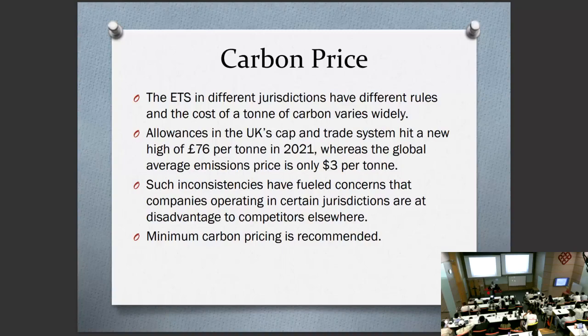Allowance in the UK's cap and trade system hit a new height of £76 per ton in the year 2021, whereas the global average is only $3 per ton. Such inconsistency has fueled concerns that companies operating in certain jurisdictions are at a disadvantage to competitors elsewhere.